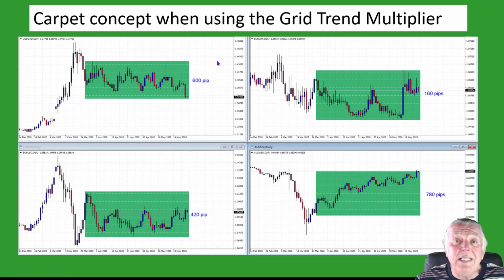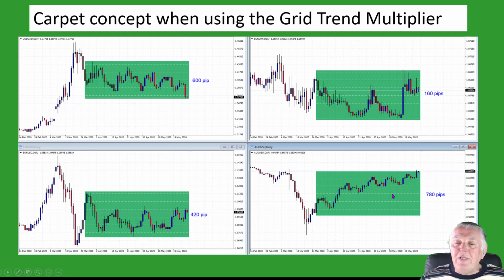And you're going to see this in a lot more detail later on, so stick around and you'll see the trading happening as I'm describing it right now. And that applies to all the other 4 currencies that we use. And you can see some of the currencies had a small carpet, 400 and even 160 pips.